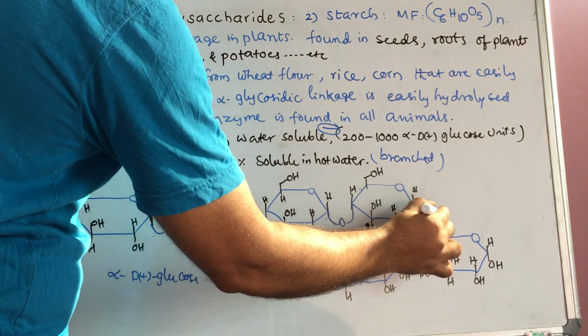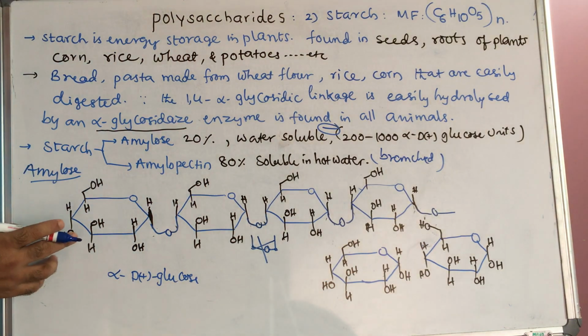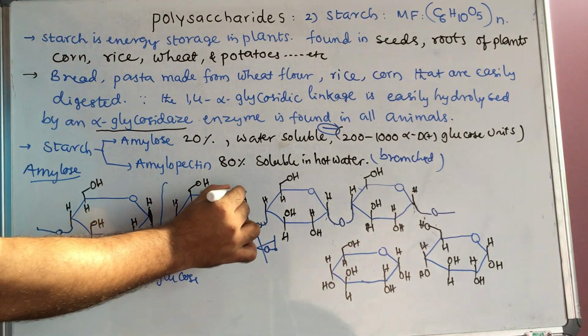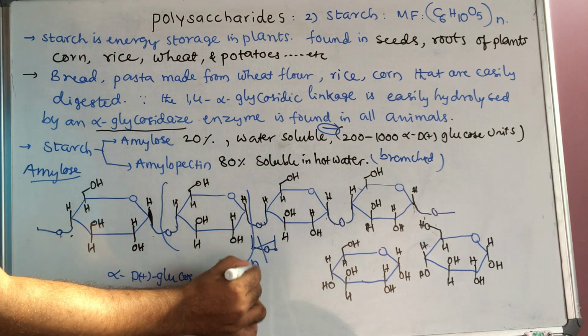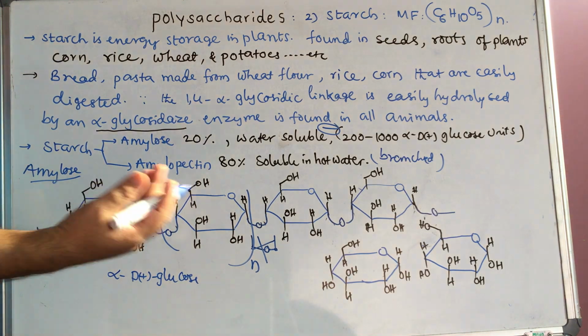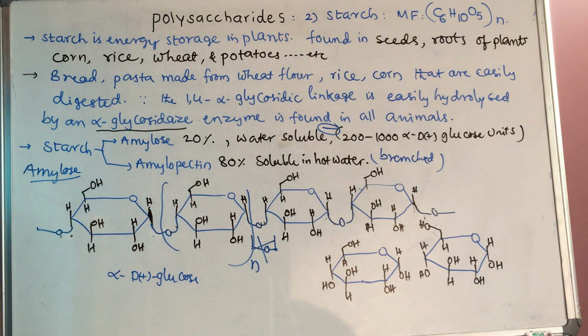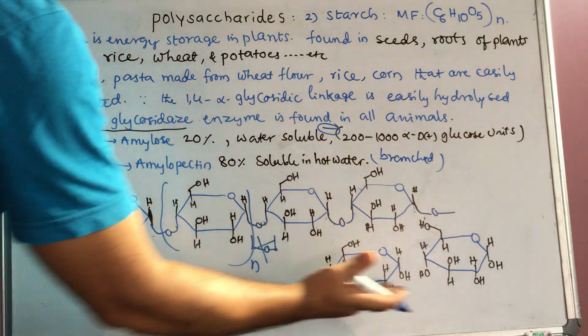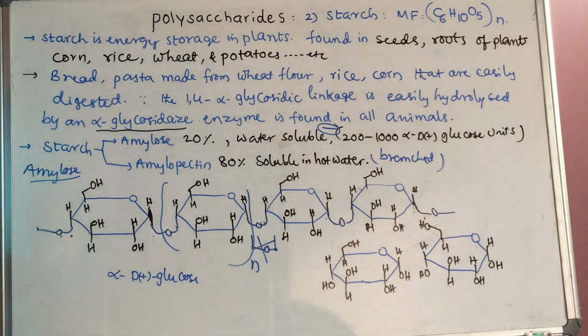If a next molecule is there, here also it will be a continuation. So I take one molecule here, one oxygen included, one oxygen excluded, and n units. This is a number of alpha D plus glucose units in a straight chain. There is no link with the side, the down chain. This is only one. This is the amylose structure.